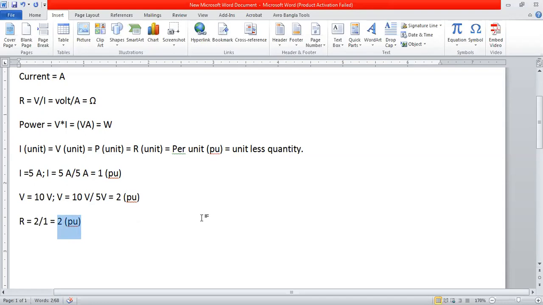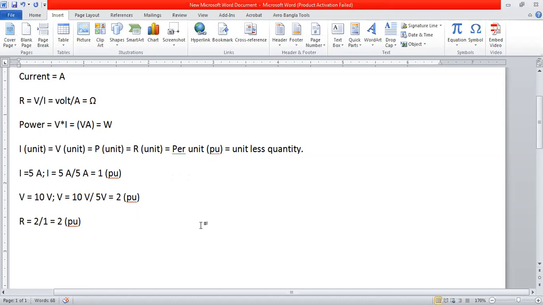We actually don't know the actual value of resistance by using this per unit value. Like if we say that the value of voltage is 2 per unit, then we don't know the actual unit. So this 2 per unit can be 2 volt, 2 kilovolt, or 2 megavolt also.